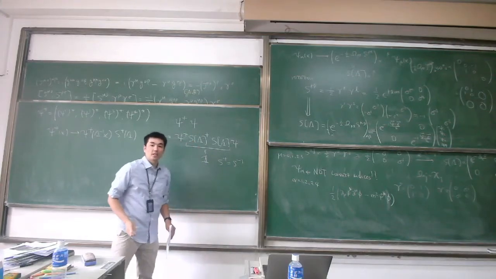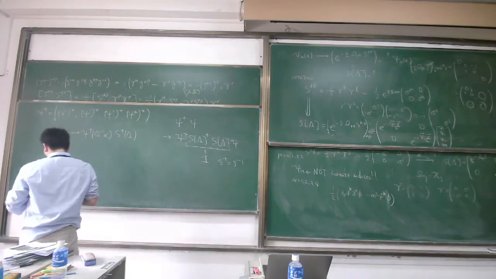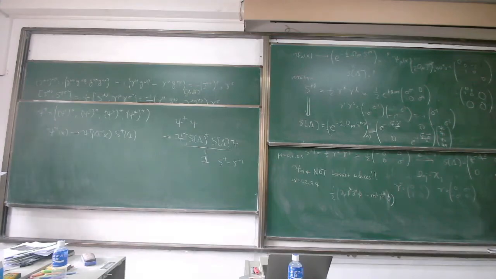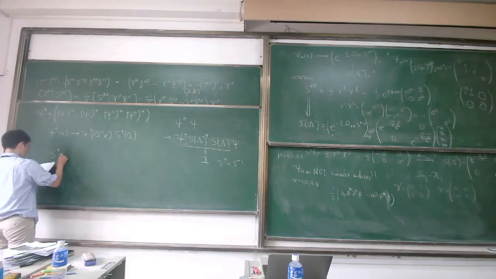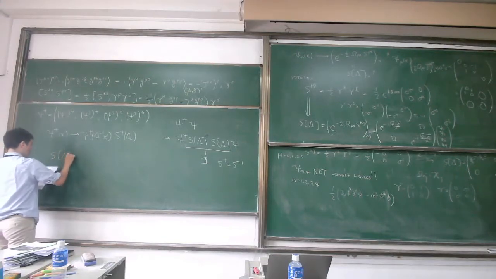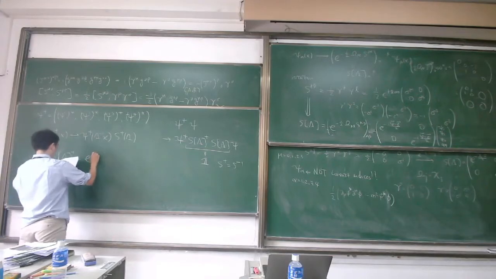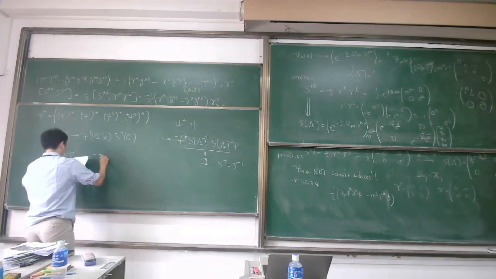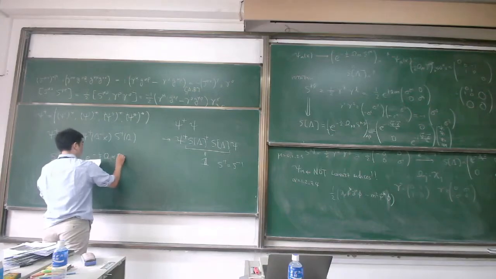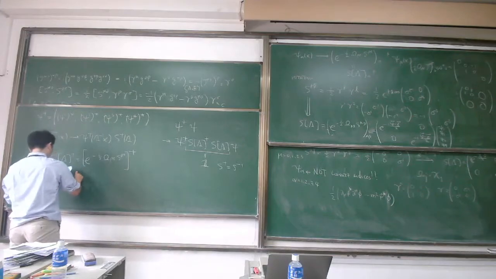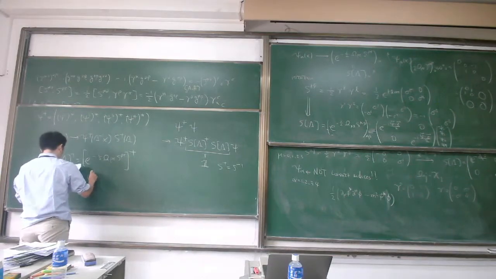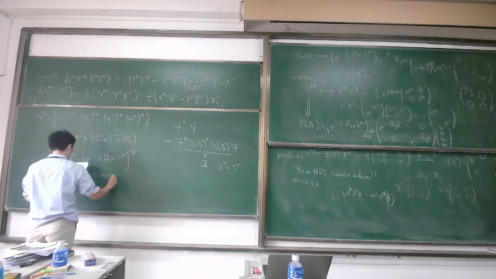But on the other hand, if you look at the definition of S dagger of lambda, which is e to the minus i over 2 omega rho sigma S rho sigma, the dagger gives e to the i over 2 omega rho sigma S rho sigma dagger.